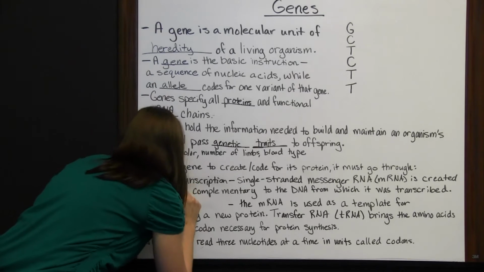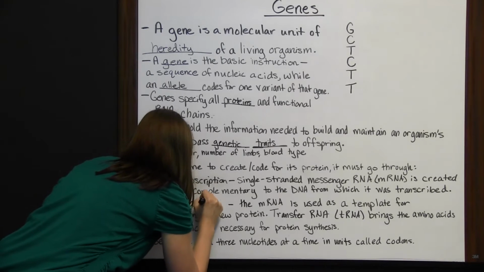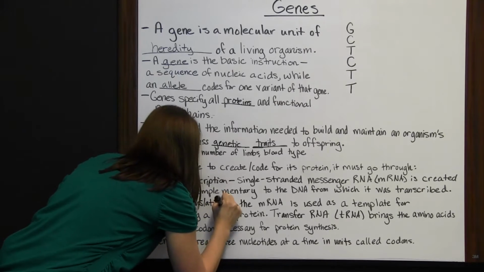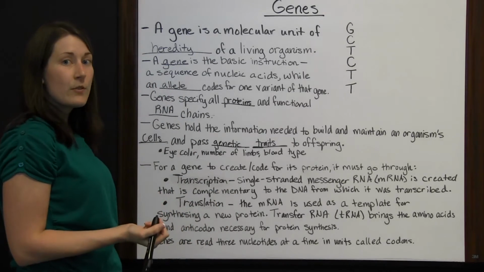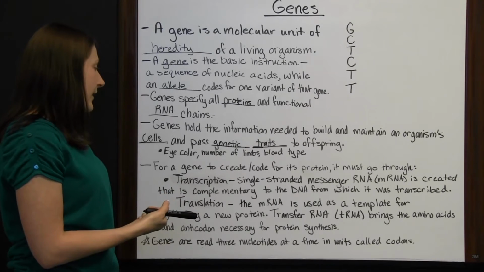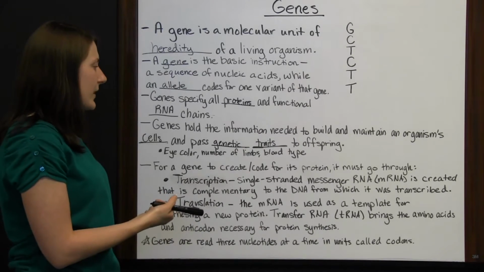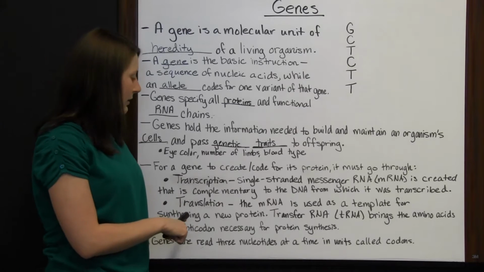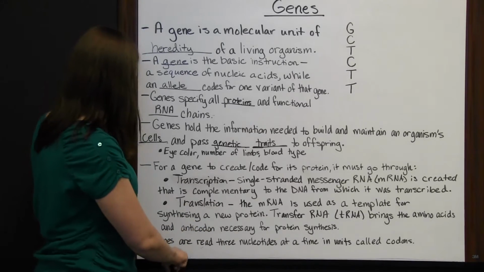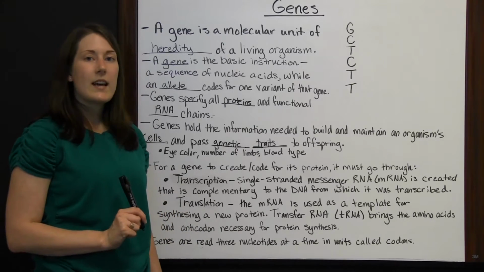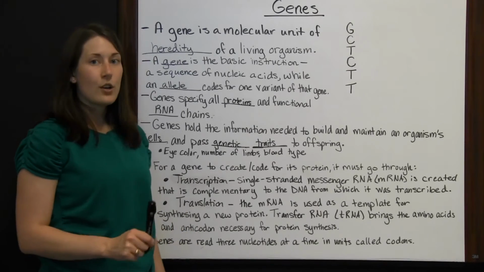So next comes translation. That messenger RNA is used as a template for synthesizing a new protein. Transfer RNA, or tRNA, brings the amino acids and anticodon necessary for protein synthesis. And something to remember is that genes are read 3 nucleotides at a time in units called codons.